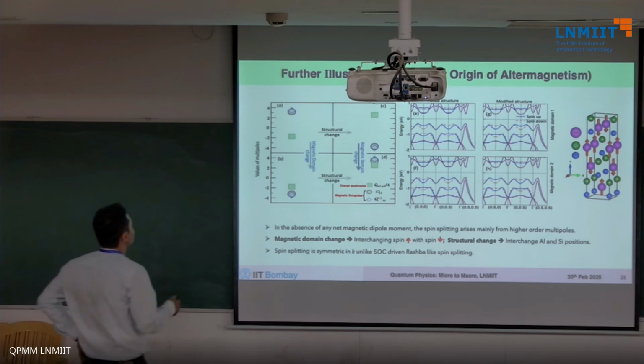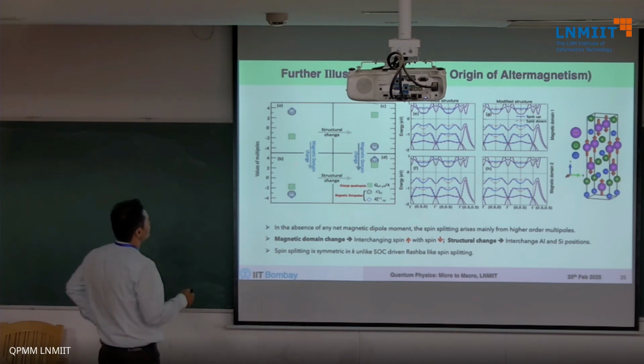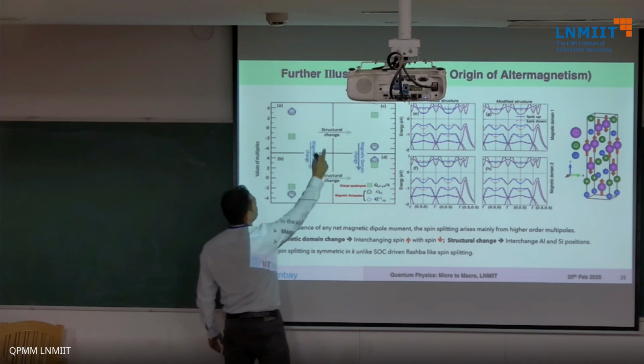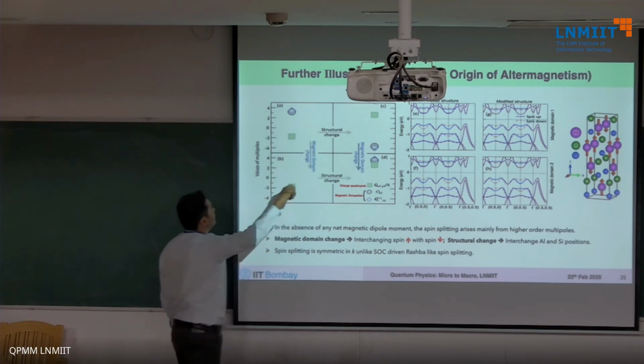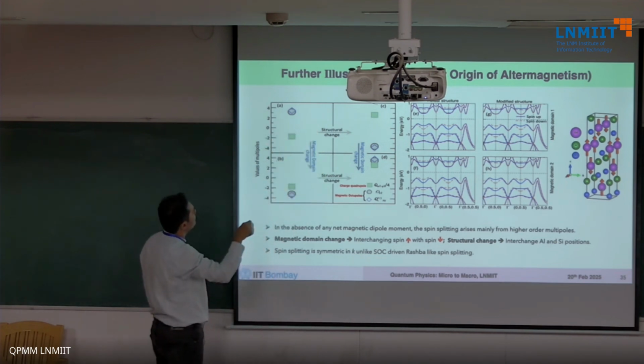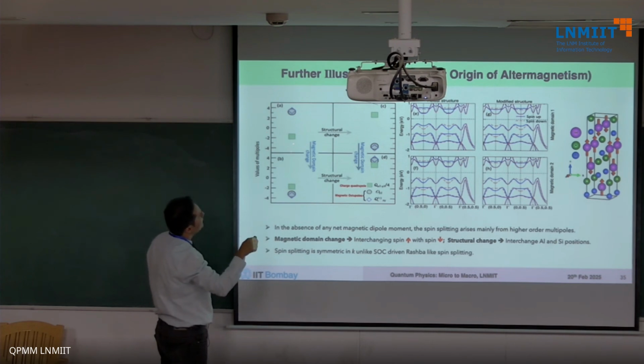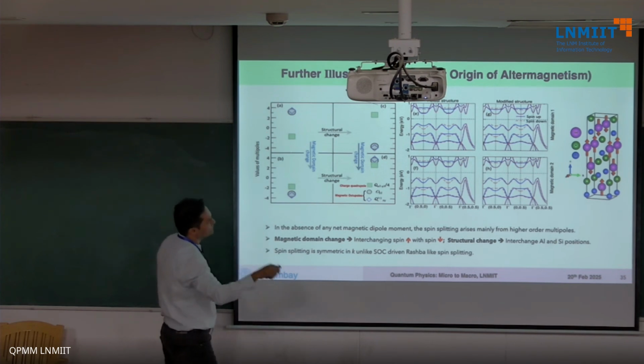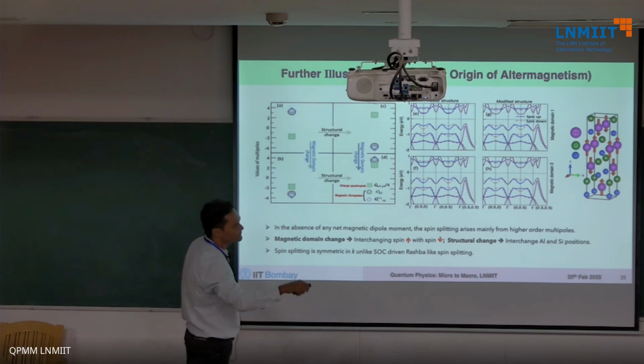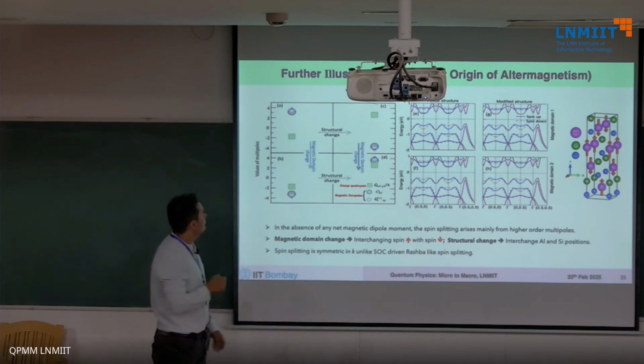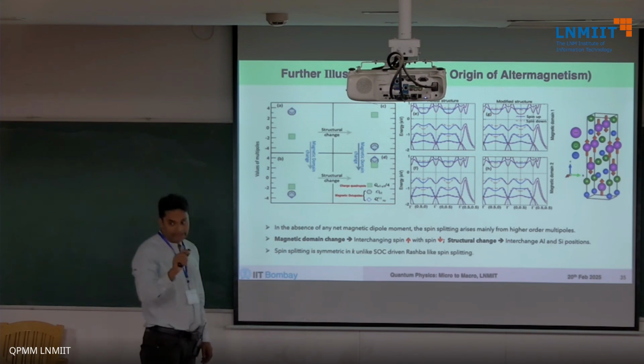No, there is no increase or decrease. They are just flipping. So consider this as one plot. What I'm plotting is the value of these multipoles for this particular configuration. Say I started with this. So it is not increasing or decreasing.